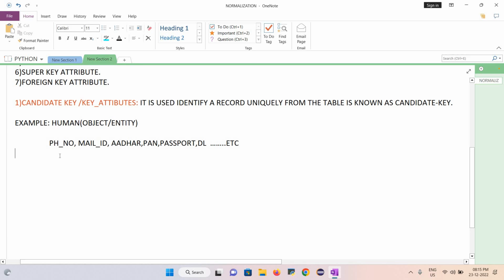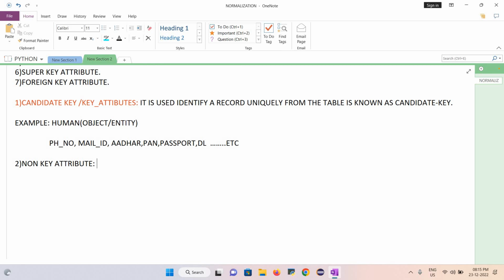In a similar manner, my second one is the non-key attribute. What exactly is the meaning of non-key attribute? These do not give unique identification. Sometimes there might be a duplicate value, and sometimes the value is not there.